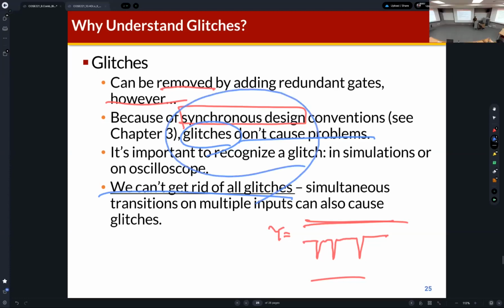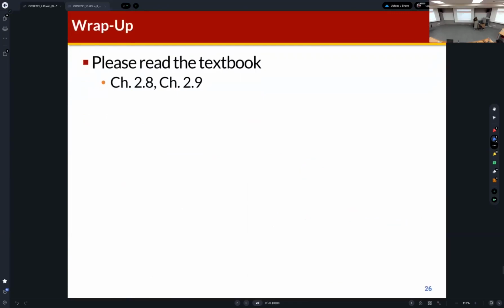And actually, almost all digital designs are synchronous systems, the same as CPU design. The CPU works with a clock signal. If a certain design uses a clock signal, then it is called a synchronous design. Please read the textbook.